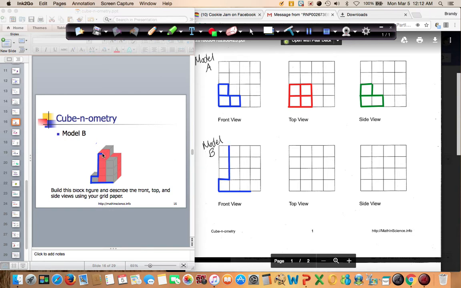1 block over. I'm going to go down. But look, I need to stop because I know I have 3 here. So I'm not going to go all the way back down. I stop here. And then I have 1 more block over and 3 blocks down.